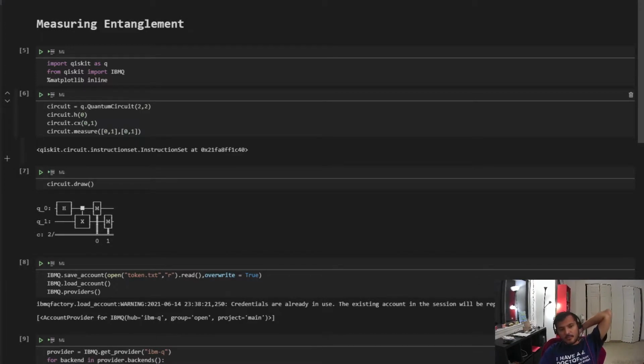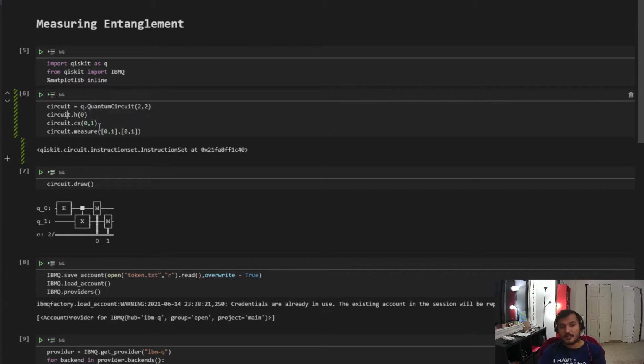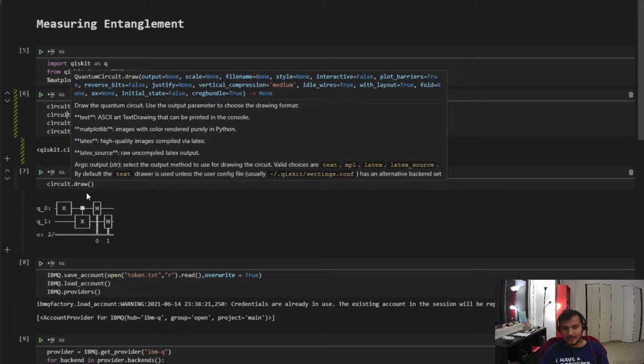What we did was we created a circuit with 2 qubits and 2 classical bits. I applied the Hadamard on the 0th one, and then a C naught, connecting 0 and 1. Here 0 represents the control and the second one is the target. And then I measure these values out. So this is how my circuit looks.